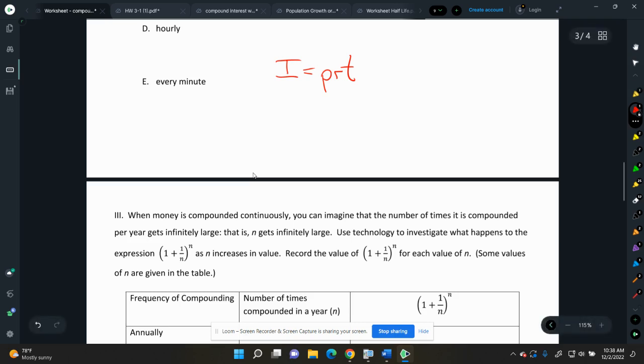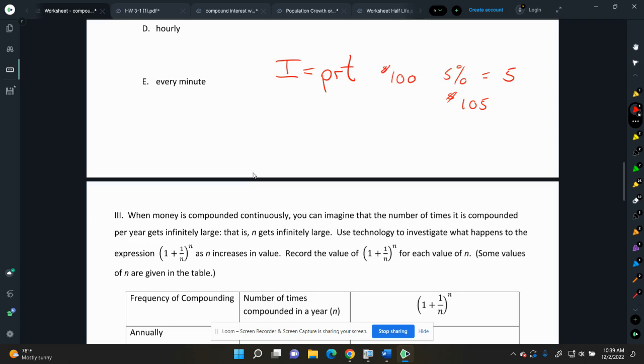So if I invest my $100, right, and I get 5% interest, then that means I make $5. So that means now after the first year, I have $105. What happens in the second year? I get 5% interest. It's of the original amount. So compound interest, I'm getting interest on my new balance also, right?